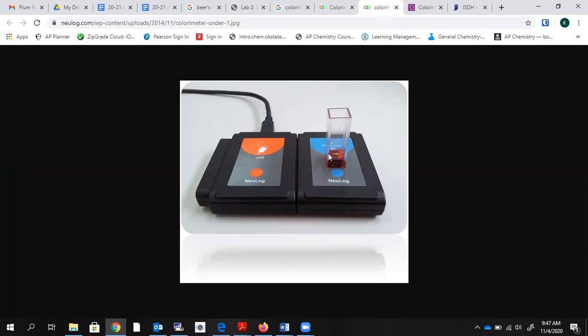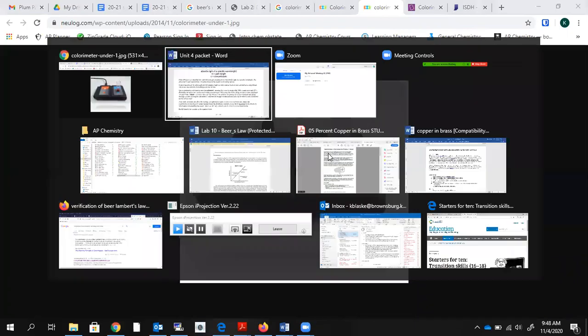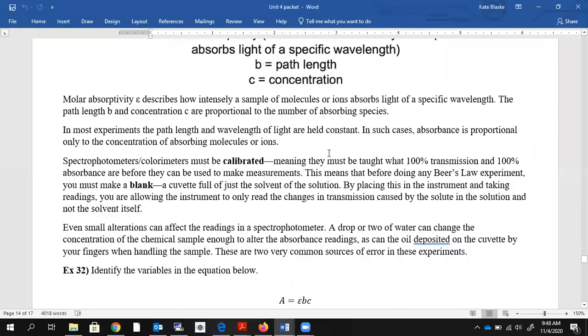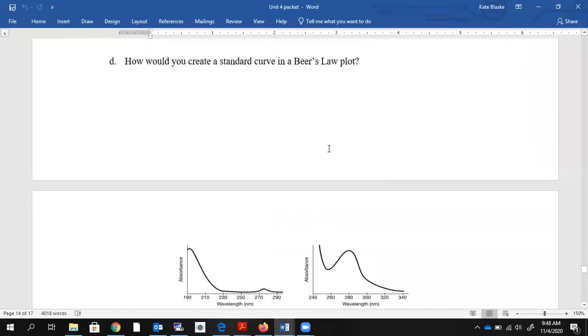A purple, then we know that it's going to absorb best in the yellow wavelength ranges. For our colorimeters, they're not super accurate in what wavelengths they can produce. They definitely produce in ranges of wavelengths due to colors. So in class, we are going to go over some practice problems about how to analyze these.